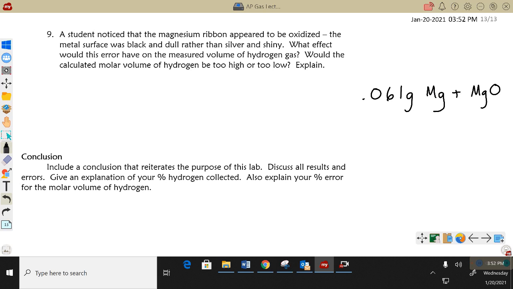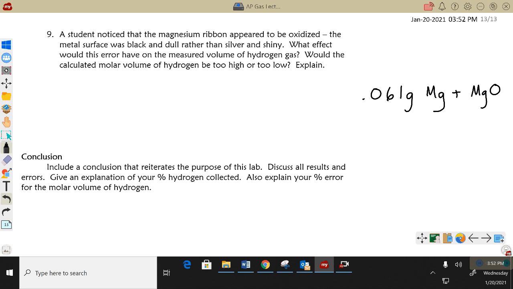The magnesium oxide doesn't react with the hydrochloric acid in the exact same way as just pure magnesium. It's not going to produce hydrogen gas. It just adds mass. And so really then, my mass of measured magnesium is really too high.